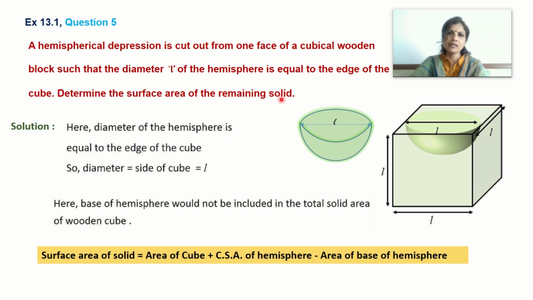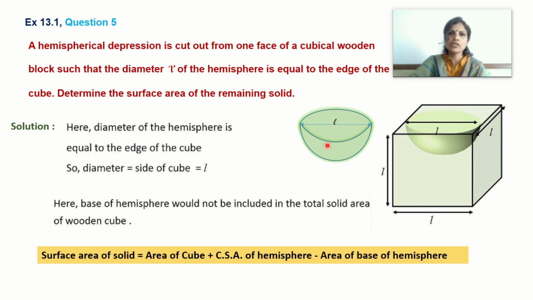Now if you compare this sum with the previous sum, we'll observe that in the previous sum the hemisphere is surmounted on the cubical block, and in this sum a hemispherical depression is taken out from one face of a cubical wooden block. So let's go ahead.